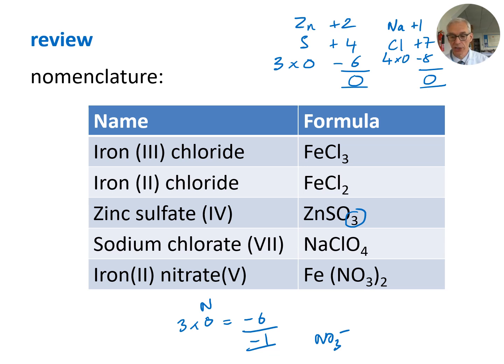So the nitrogen must be at +5. If we've got 2 nitrate ions, and we need the oxidation number of iron to sum to 0, that explains why iron must be in the +2 oxidation state.